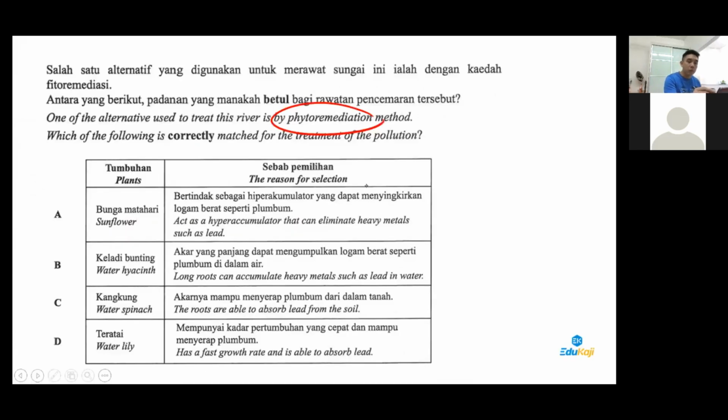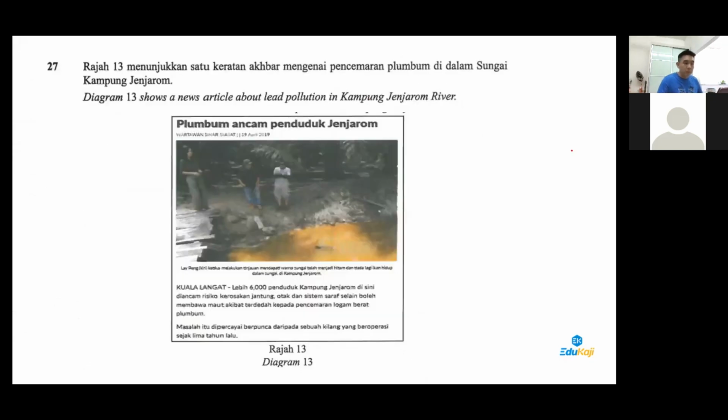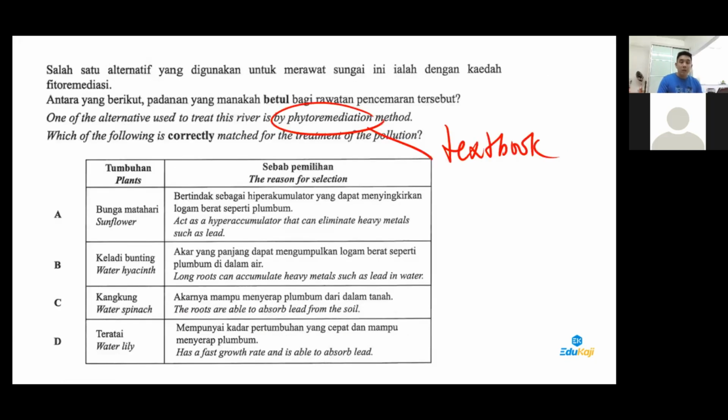I always recommend students to go through the textbook. Because this one is plumbum, lead pollution.